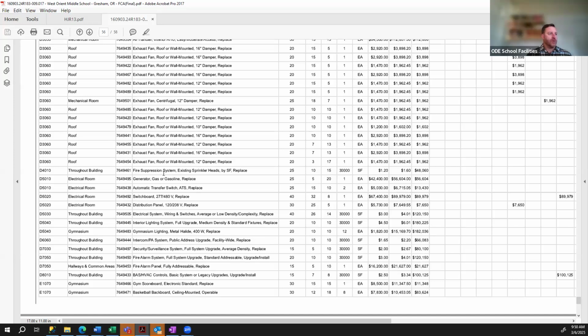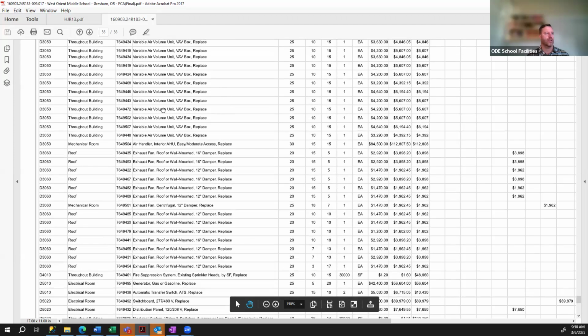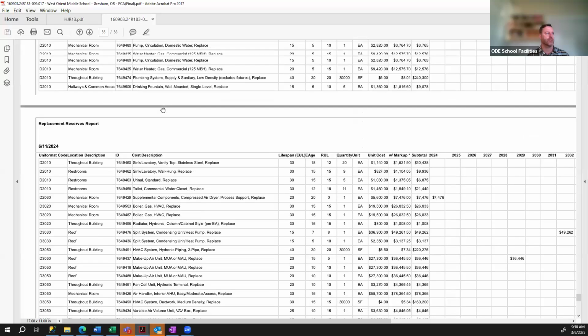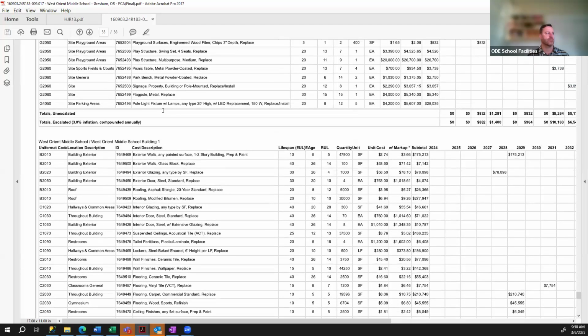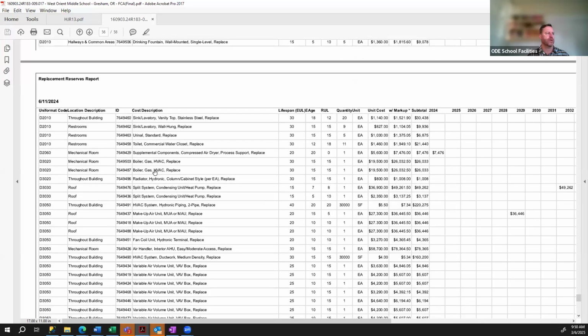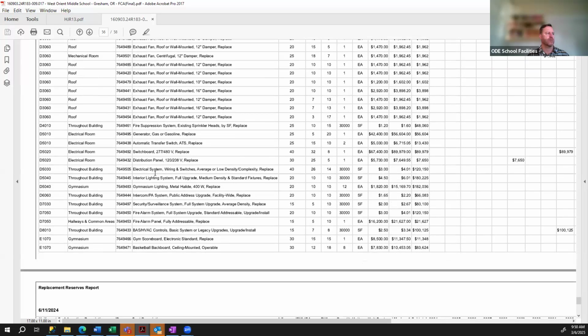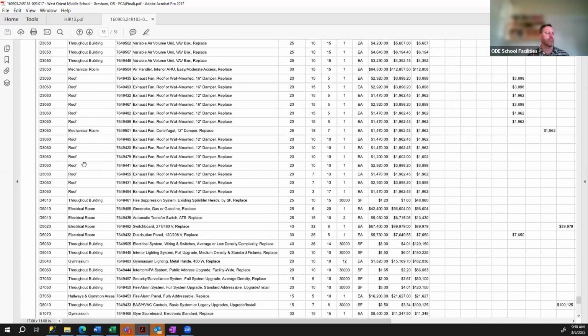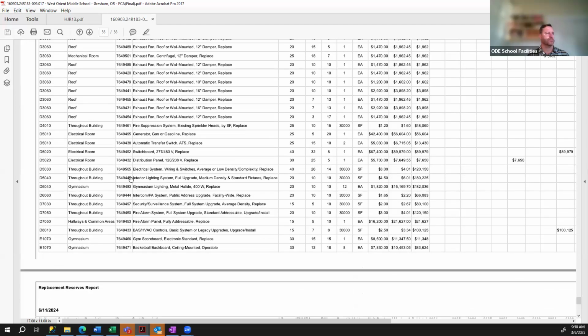One of the things that was brought up to us was the differences. It was Eugene, and they were looking at their report, and they saw that in this report, it's looking at, what is this? HVAC, no? Here it is. Okay.